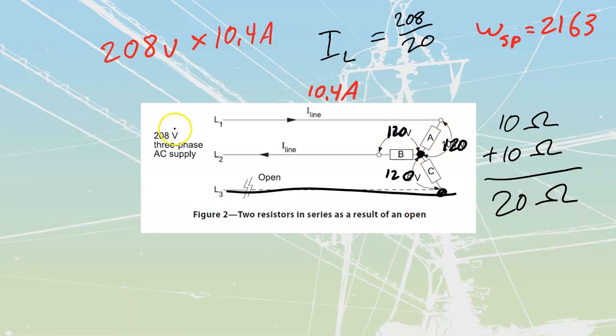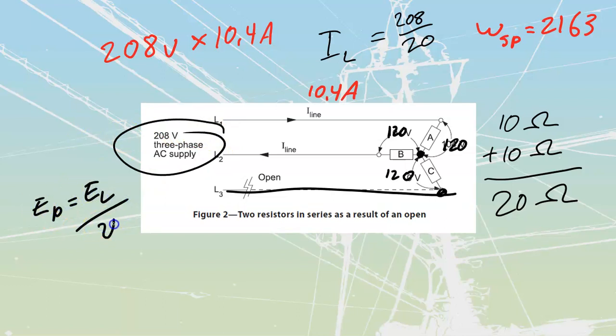We know that because it's a three-phase Y, and E phase is equal to E line divided by root 3. 208 is my line value of voltage. Divide it by root 3, which gets me to a phase value of 120 volts. And by now you should be starting to memorize this: 120.08 is just a common value that we are going to deal with all the time.